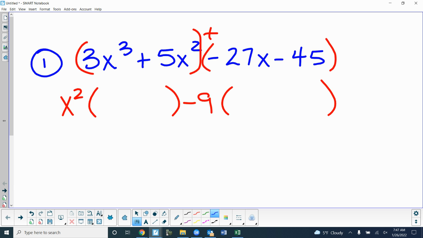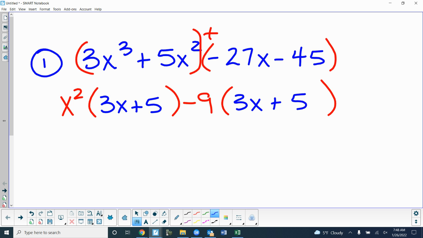So what's 3x cubed divided by 1x squared? 3x. What's 5x squared divided by 1x squared? 5. What's negative 27x divided by negative 9? 3x. What's negative 45 divided by negative 9? Plus 5, right? So you see the 3x plus 5 in both binomials there. That's what we wanted to happen, right?